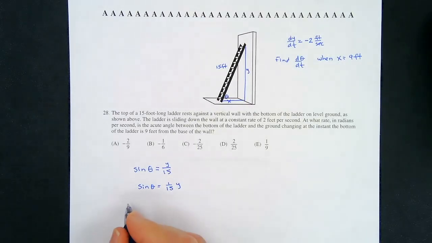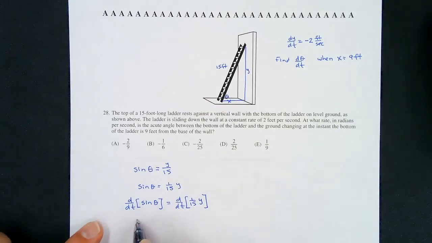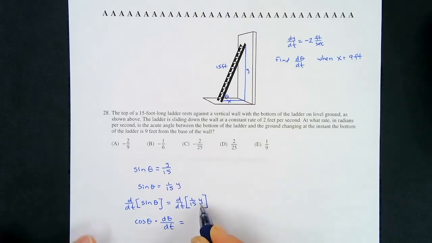So now I'm going to take the derivative with respect to time of both sides. I know in the actual exam you'll probably skip showing all this. So the derivative of sine theta is cosine theta times d theta over dt, which is equal to 1/15 dy over dt.